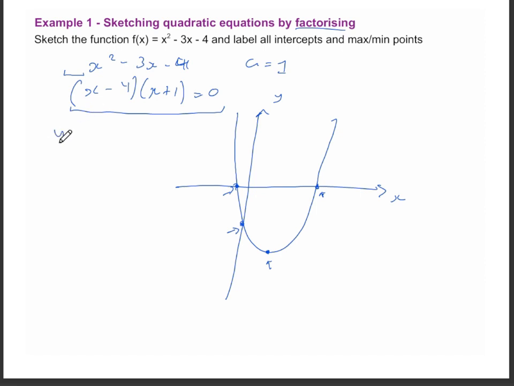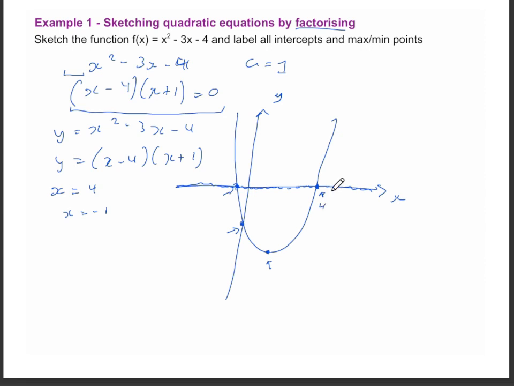Because this is just y equals x squared minus 3x minus 4, and if we factorize it, y equals (x minus 4)(x plus 1). And if we let y be 0, we are basically looking at the x-axis, right? So the values of x we get from this are the values at which it intersects the x-axis. So the two points are x equals 4 and x equals negative 1.